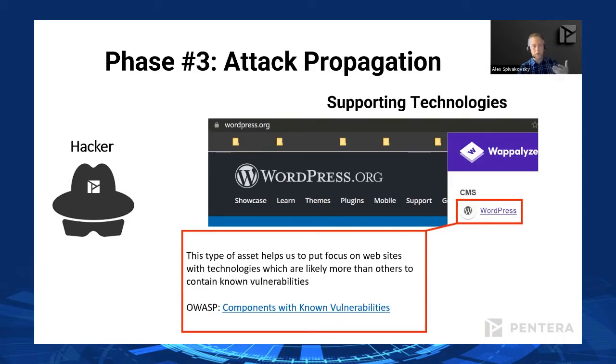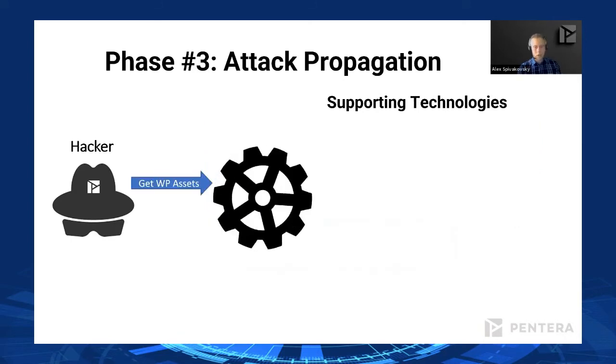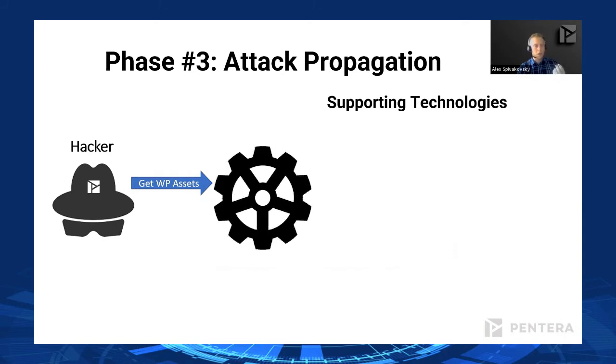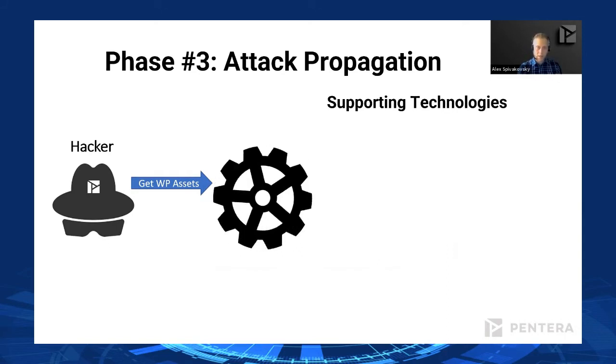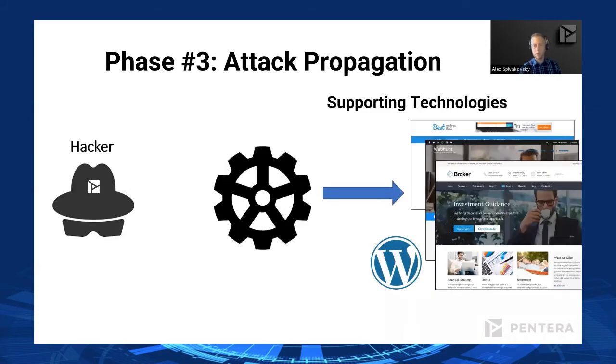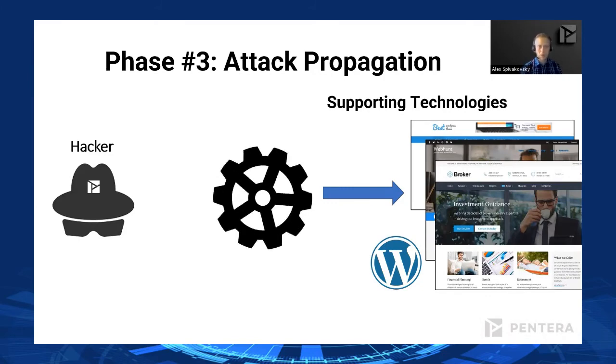And a breach in WordPress will basically hold for every web app that uses this technology in that plugin. So using automation, I'm asking my agent, my engine, please give me all the discovered WordPress assets. Okay. It delivers all the WordPress assets that we found prior using automation, using the Wappalyzer database.